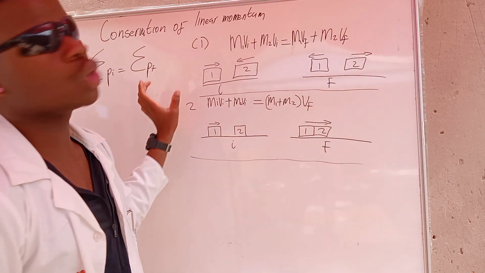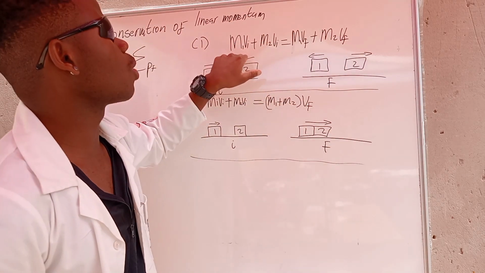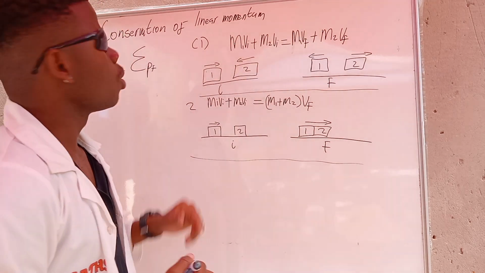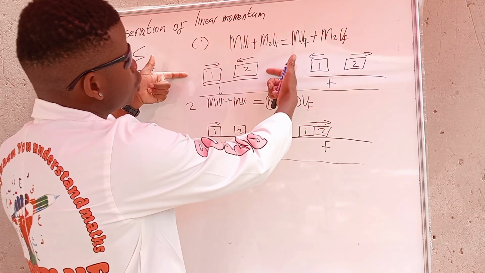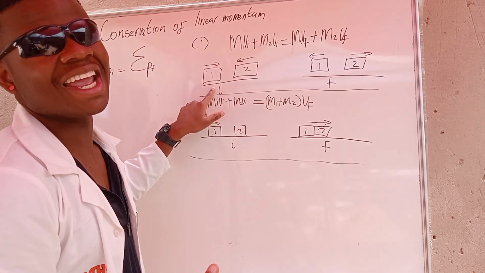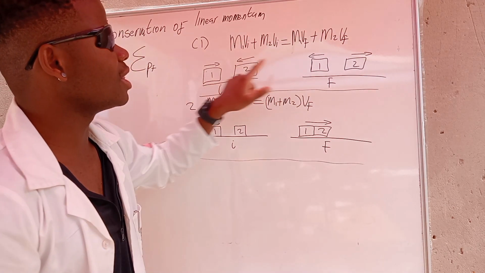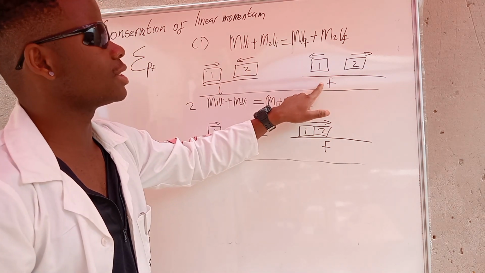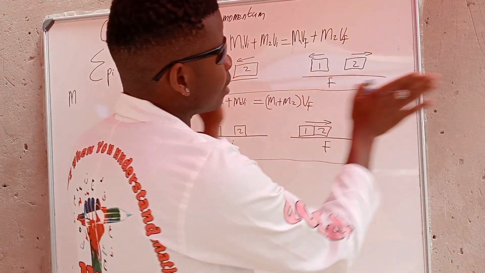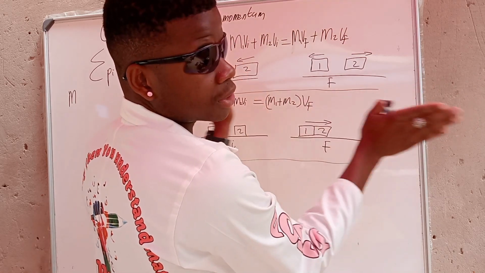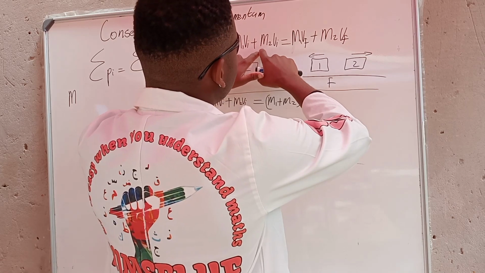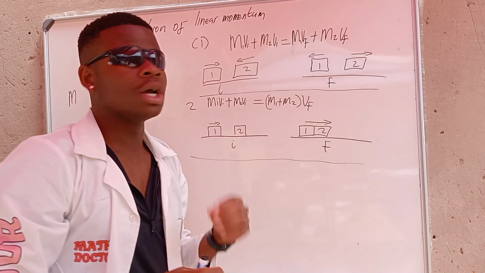Scenario number one is where object 1 and object 2 are in a head-on collision. This is the initial scenario, and in the final scenario, the blocks have collided with each other and are now moving in the opposite direction. This is the formula that you should write.